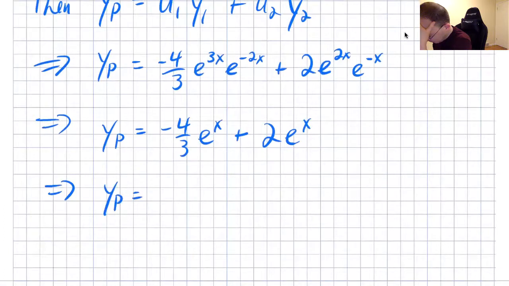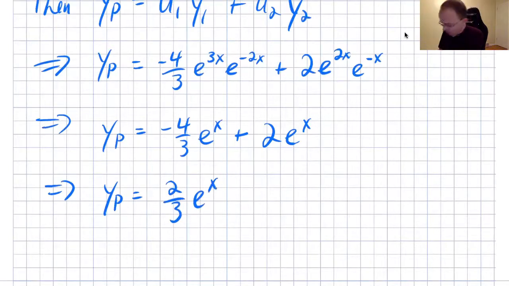Six over 3 minus 4 over 3 is 2 over 3. Yeah, okay, that's now the answer I got.